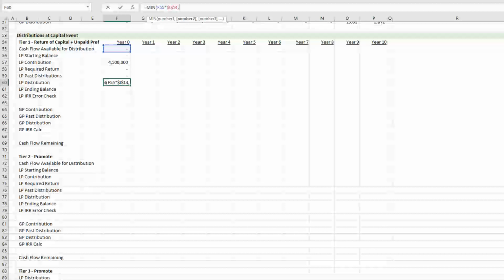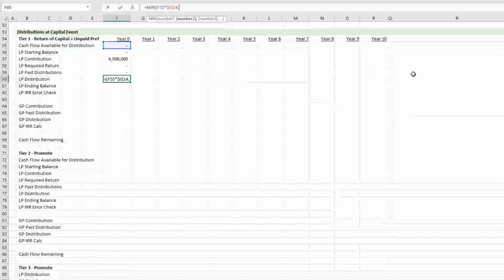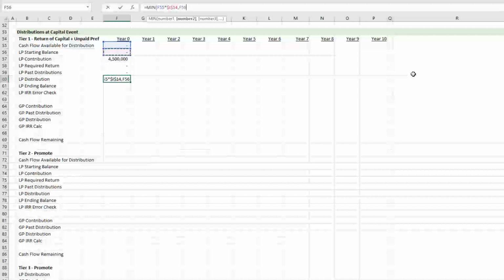Or, so it's the minimum of that, or the starting balance in this period, plus any contributions made in this period, plus any required return in this period, minus any past distributions.